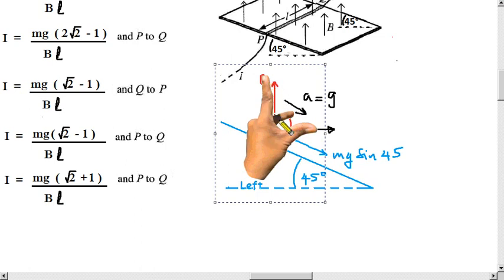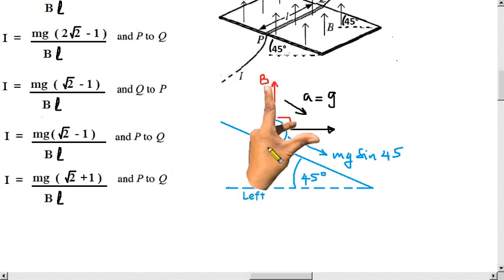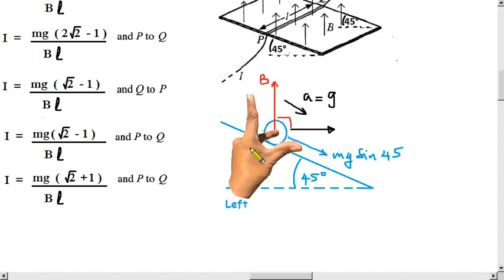Then automatically your center finger is directed towards the paper. First of all, you have to keep all these three fingers at right angles to each other.